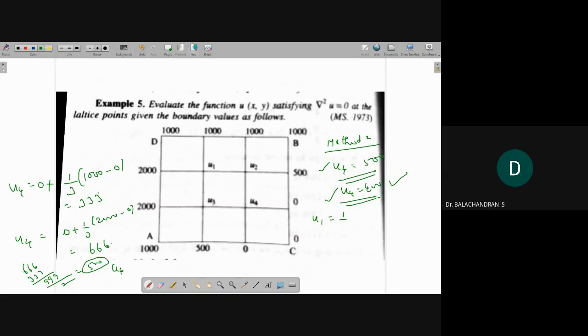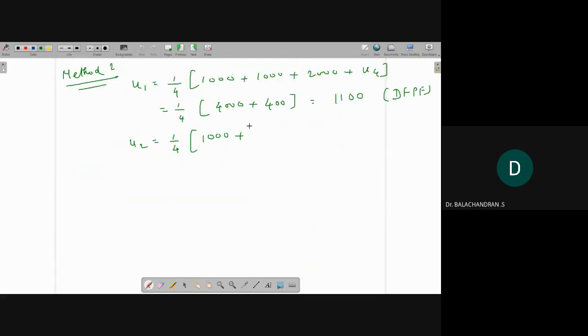Now this is equal to 1 by 4, 1500, U4 is 400 we assume, U1 just we got it, 1100. So what is the final answer for U2? 750. Yes, 750. So here we are using the standard 5-point formula.